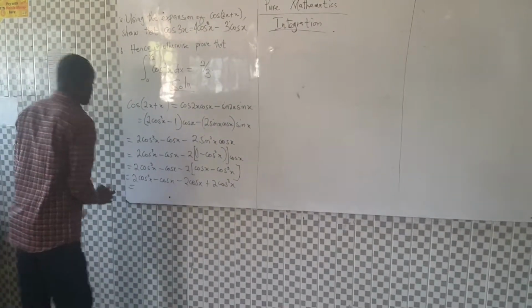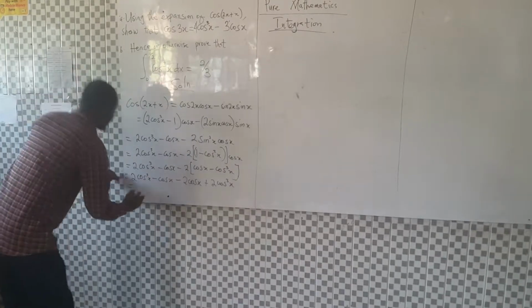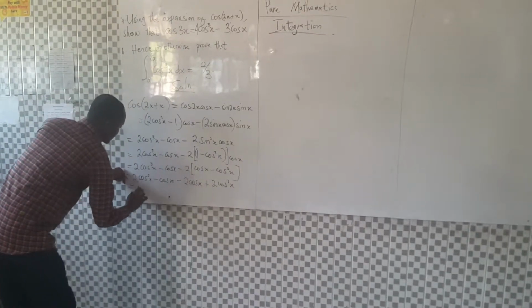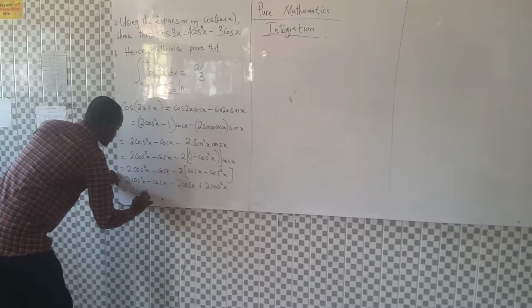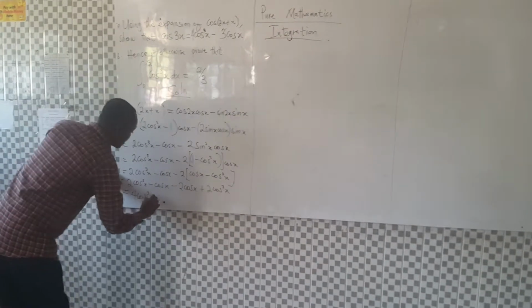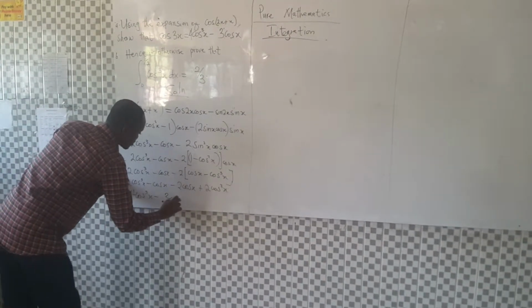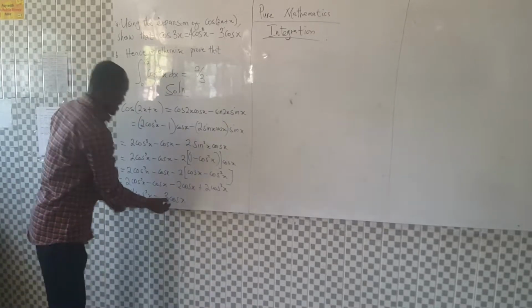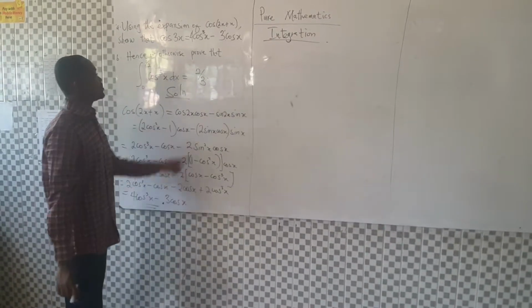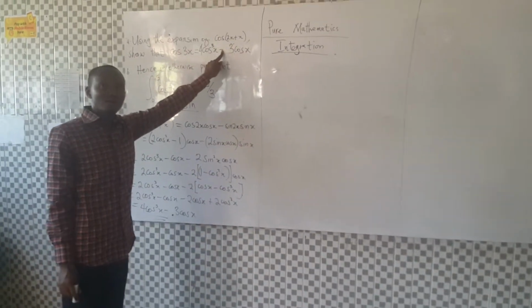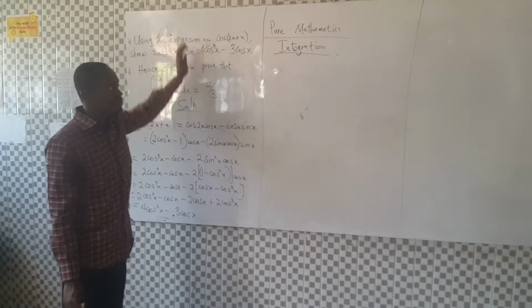So the final simplification, you're going to have 4cos³x minus 3cos x, and this has been proved as in our original problem.